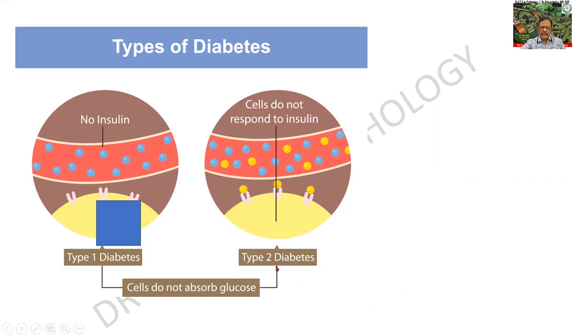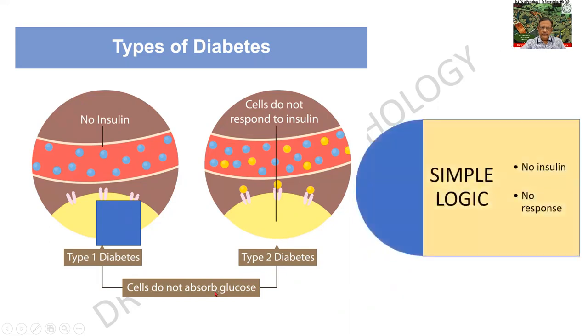In the second one, you find that there is a defect in the receptors, as a result of which, though insulin is being produced, it does not respond. The patient develops a diabetes. The cells do not absorb glucose. So no insulin, no response. These are the two keys for it.